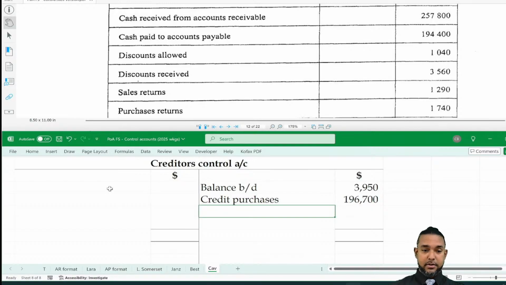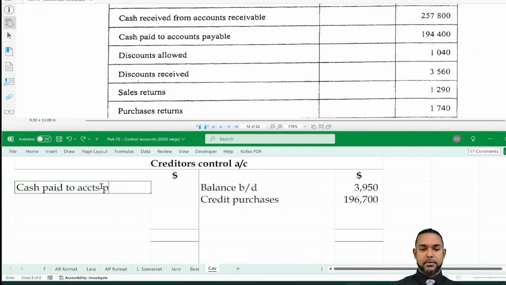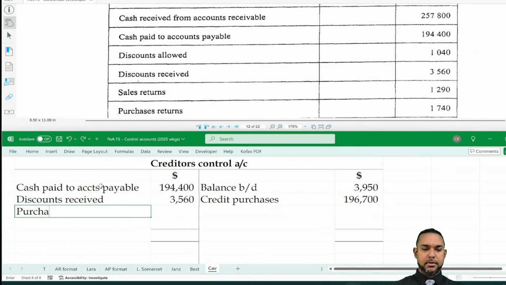Then there is cash paid to accounts payable, right? So cash paid, 194,400. Discounts received. Okay. Purchases returns, 40.